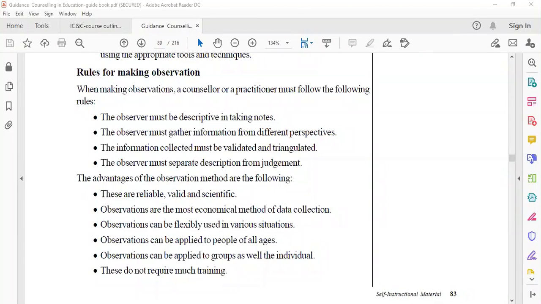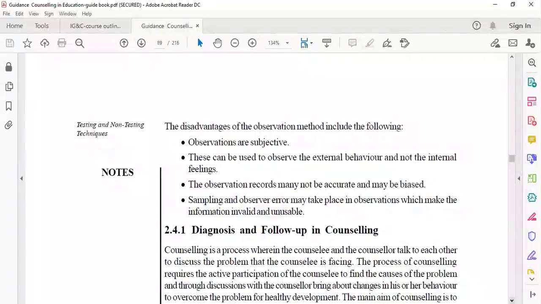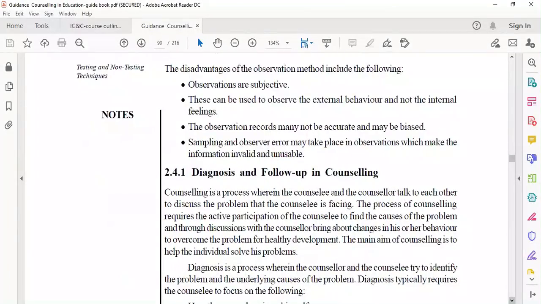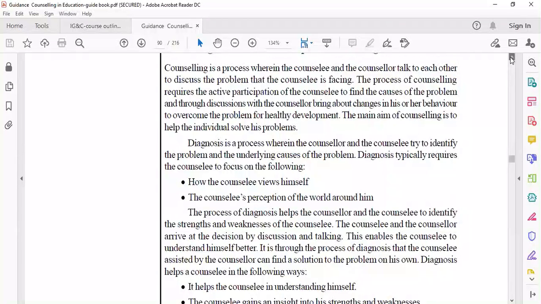Help in what? Help in academic learning, help in social adjustment, help in solving psychological problems. Observation gives a lot of flexibility and a lot of information and a lot of power to us counselors to understand the students and the situation.